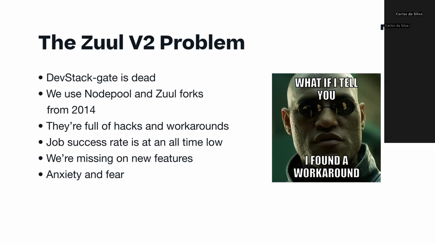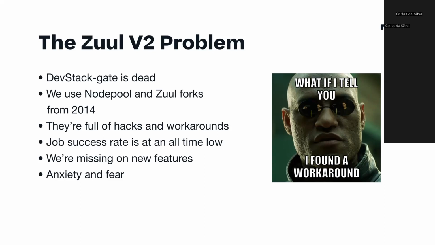It just stopped cloning Git repositories all of a sudden, and Andrea had to waste some time on this some weeks ago. And the node pool on the Zuul system we have, they are actually forks.